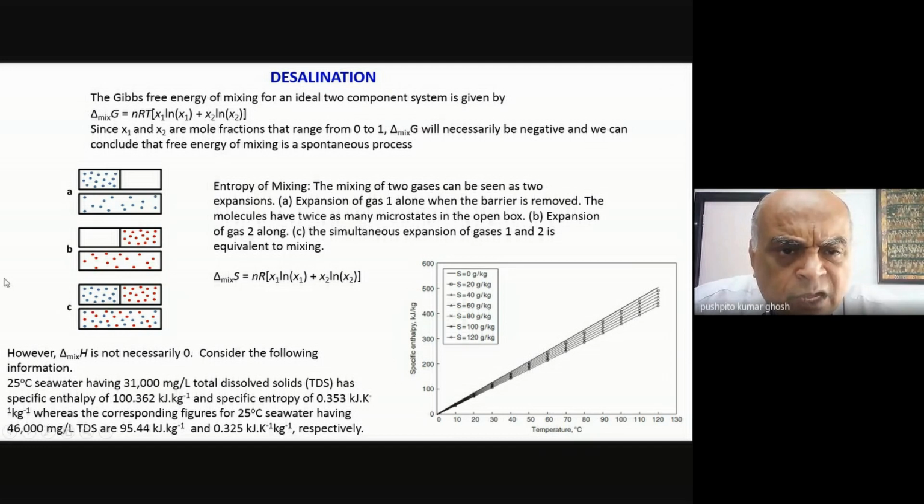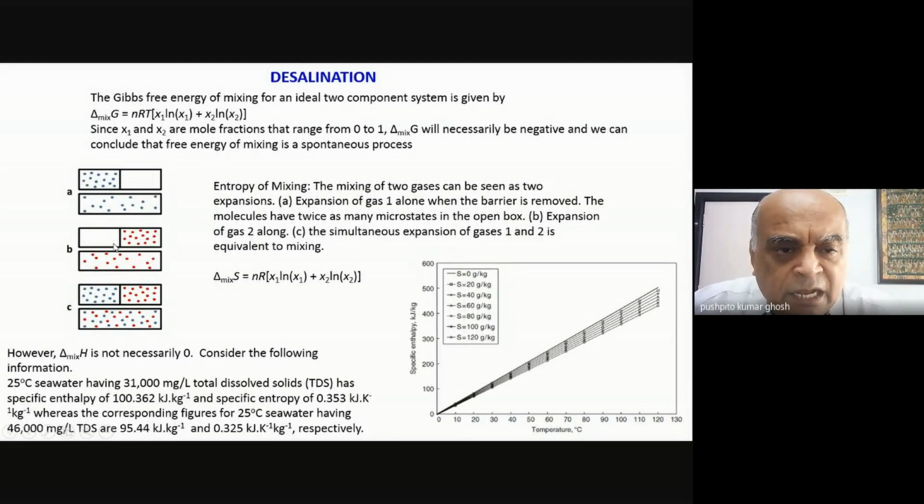Now, let's also quickly look at it by analogy. This could have even been a partition of pure water and salty water, or you can take two gases, blue and red. If I'm mixing, I can look at it as if I'm expanding one gas over here, and the other gas over here.